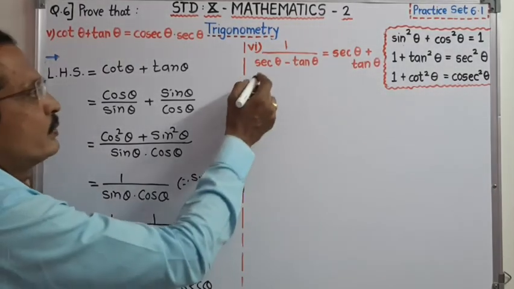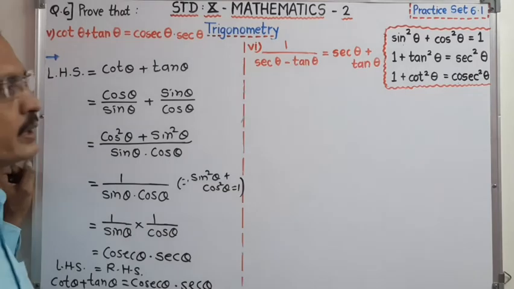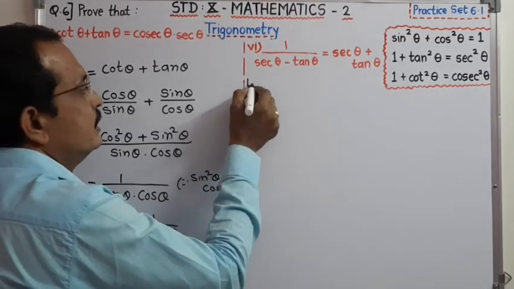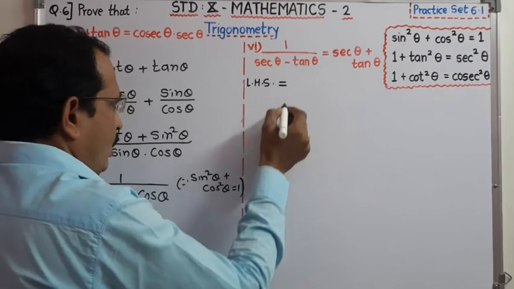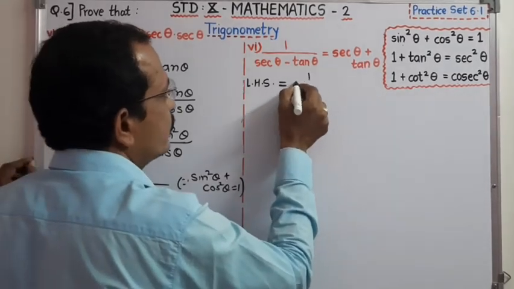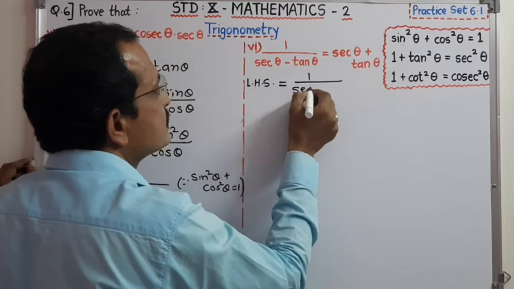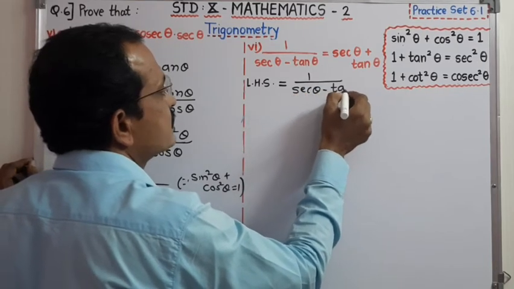Now we have to start with the sixth one. In this case, see the left hand side. LHS is equal to 1 upon sec theta minus tan theta.